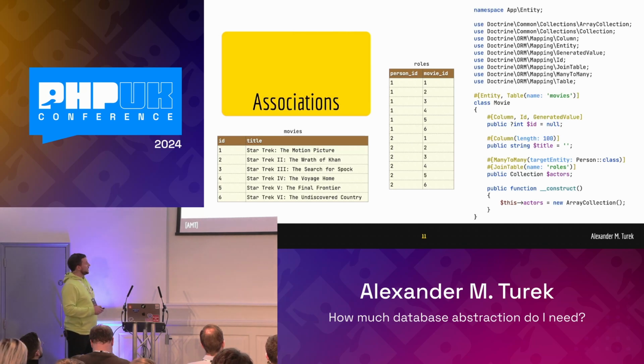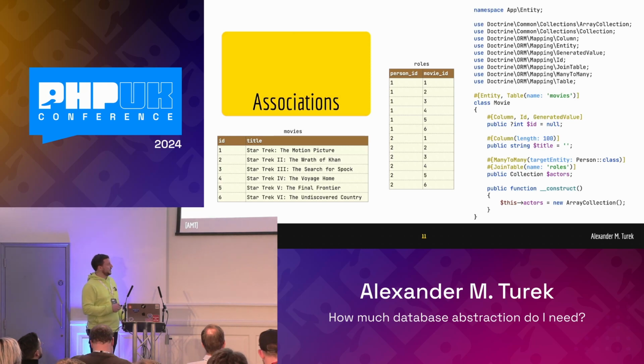So this is then being hydrated to what we call a collection, and what is important to know about this is if I then select all the movies from the database, I will get in each movie a collection of actors, but this collection is actually not populated.